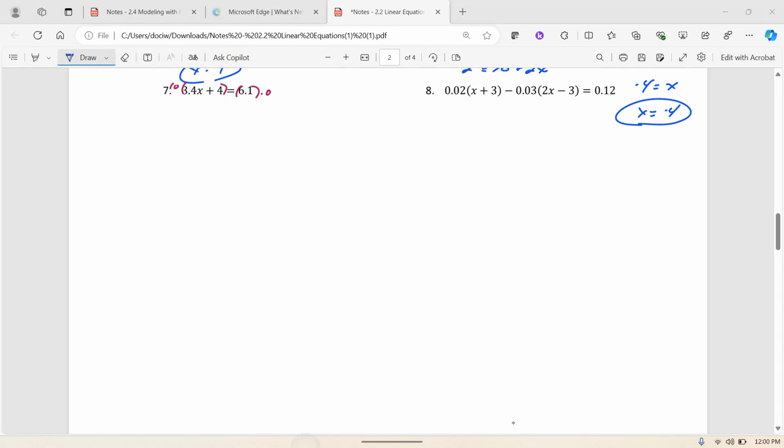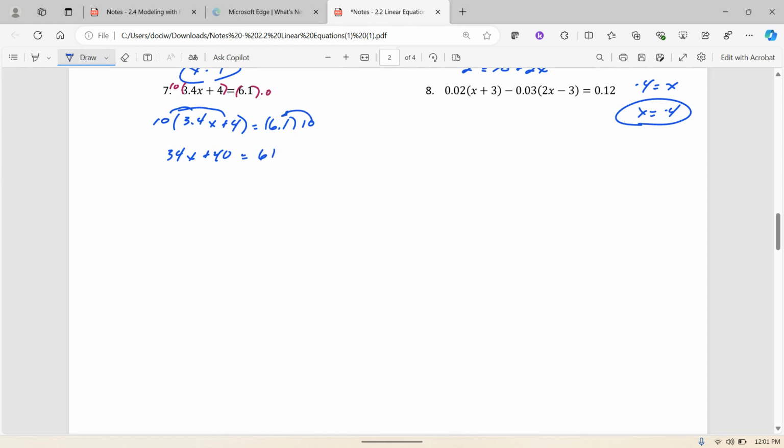And I'm going to rewrite that to give myself some room. Now when I distribute the 10 to the 3.4x, I get 34x. 10 times 4 is 40. 10 times 6.1 is 61.